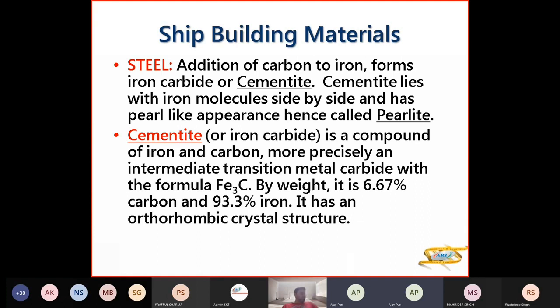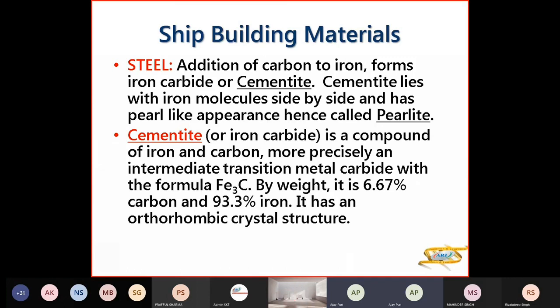It is basically having a formula of Fe3C because carbon is surrounded by iron atoms to form a molecule of Fe3C. So by weight, your carbon is 6.67%, iron is 93.3%.